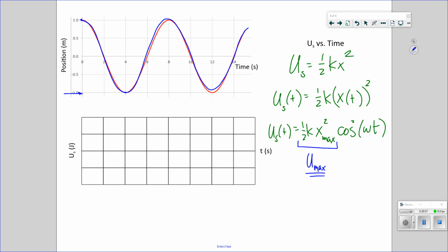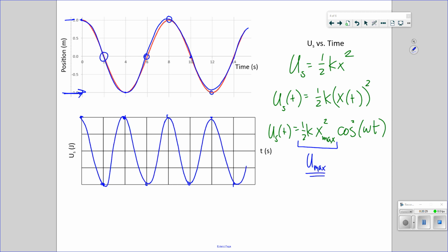So this says big energy, 0 energy, big energy, 0 energy, and we get this. This has a different frequency because of that squared in there.